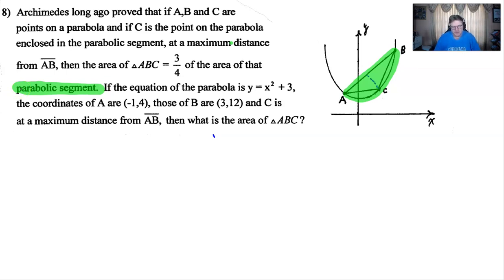Next, we're going to have to figure out what the area is going to be of this triangle ABC. But we're told that the triangle's area is going to be 3/4 of whatever the area of our parabolic segment is, as we can see in this particular text.